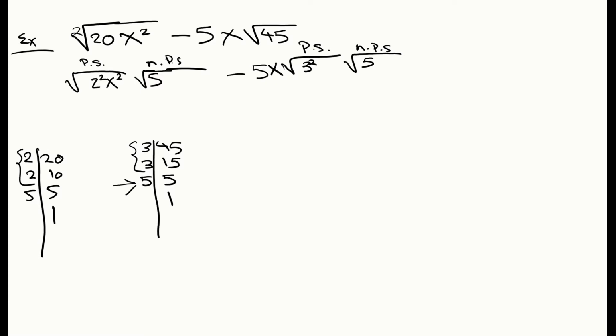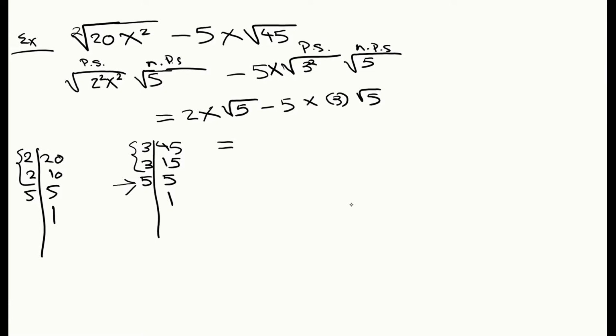So now we notice that we have 2x radical 5, because remember the square root of 2 squared is 2, the square root of x squared is x, the radical 5 just comes down, minus 5x times 3 radical 5.